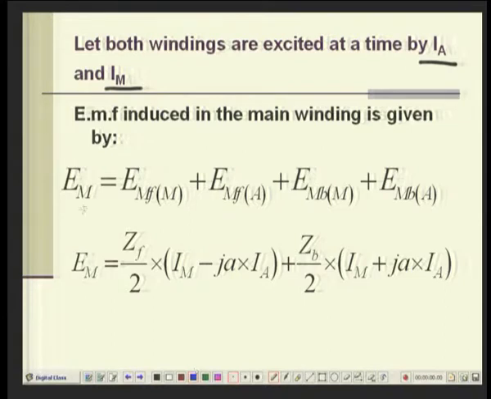Then the induced voltage in the main winding will be EM forward due to main winding, EM forward due to auxiliary winding, EM backward due to main winding, and EM backward due to auxiliary winding. So there are 4 induced voltages in each winding.